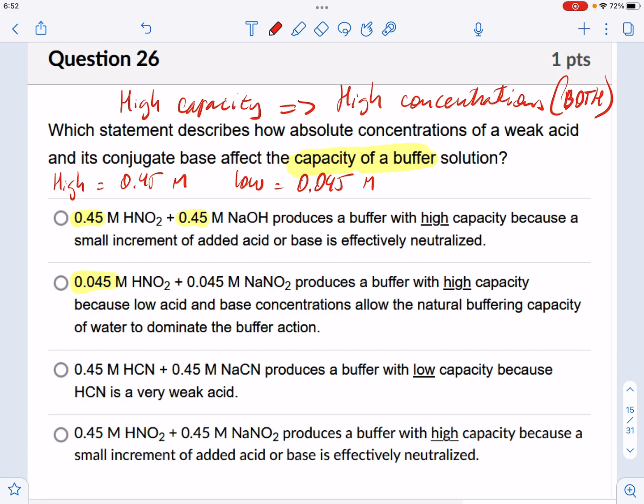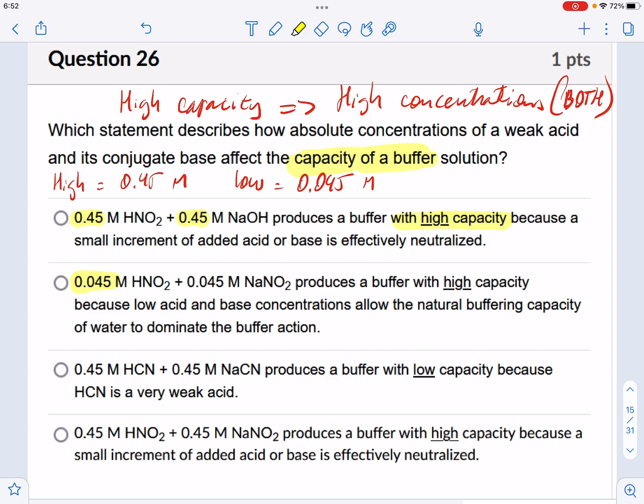Okay? Now, you have relatively high concentrations here, that will give you a high capacity buffer. Okay? And the explanation for that is because a small increment of added acid or base is effectively neutralized. Well, that's exactly what you want, right? You want a buffer. The purpose of the buffer is to neutralize acid or base added to that buffer. And if the buffer is high capacity, then you have high concentrations of both.